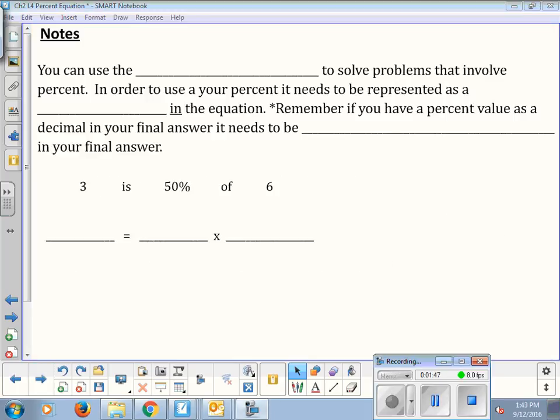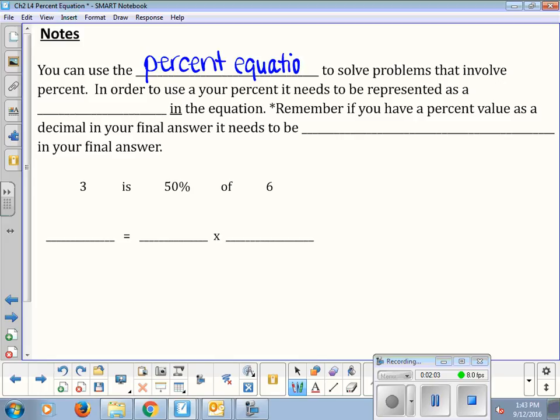Okay, so today we are talking about the percent equation. And you can use the percent equation to solve problems that involve percent. In order to use it, your percent needs to be written as a decimal.